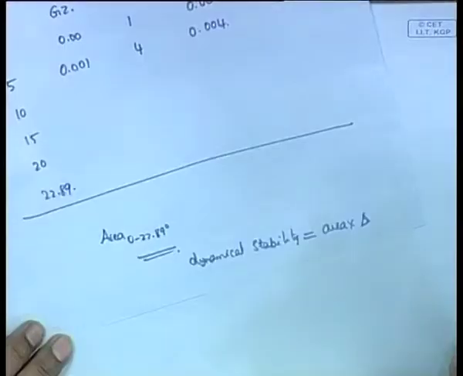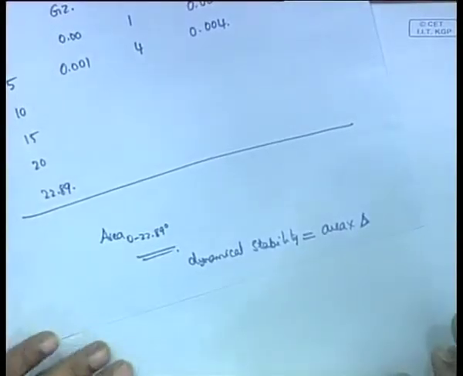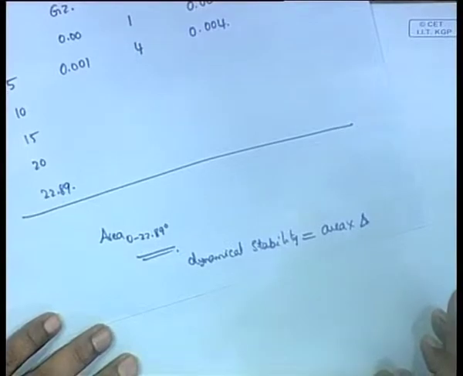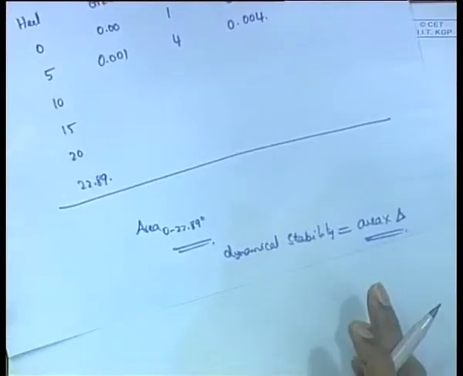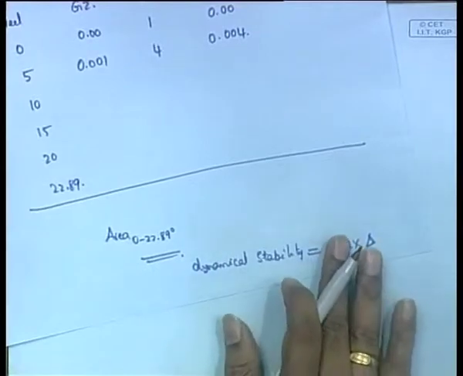So, you will get your meter radians tons that will give you your dynamical stability. So, tons meter radians, you will get it like that, that will be your dynamical stability. So, that gives your dynamical stability up to the deck edge immersion.